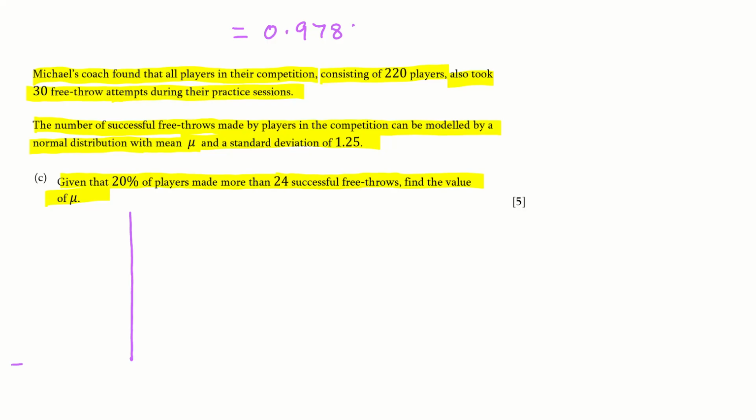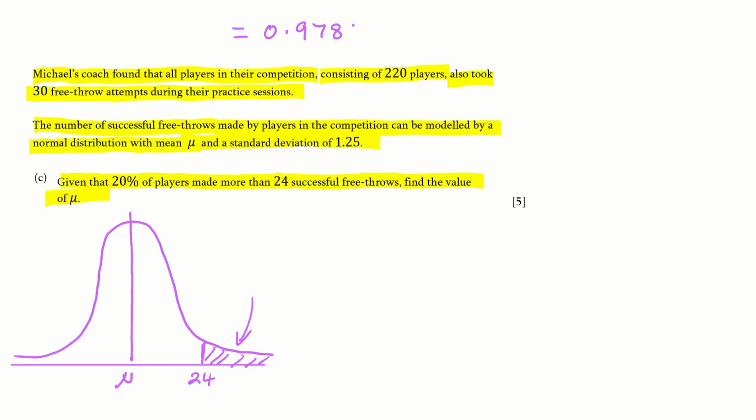Okay, so let's just have a sketch of the situation. So here is our normal, and this is the mean, and this is 24. And so what we're told is the probability of being up here is 20%, or 0.2 as a decimal.